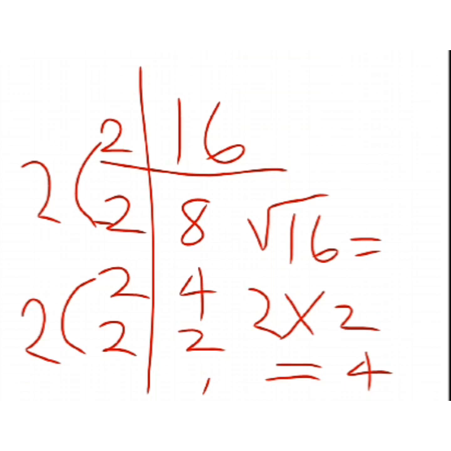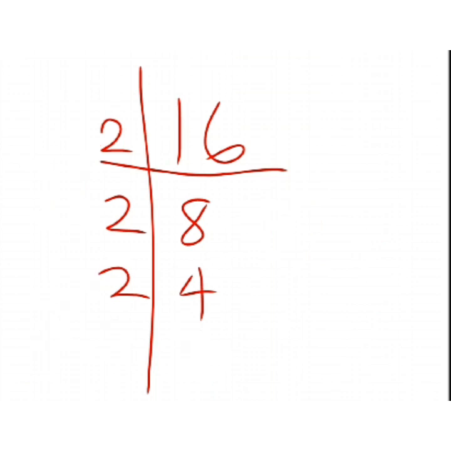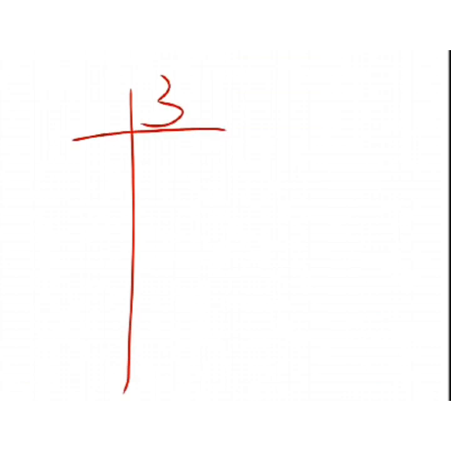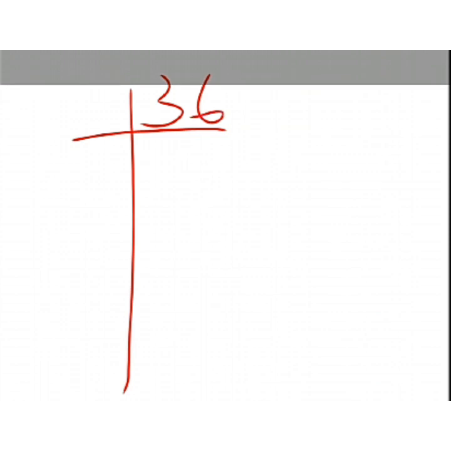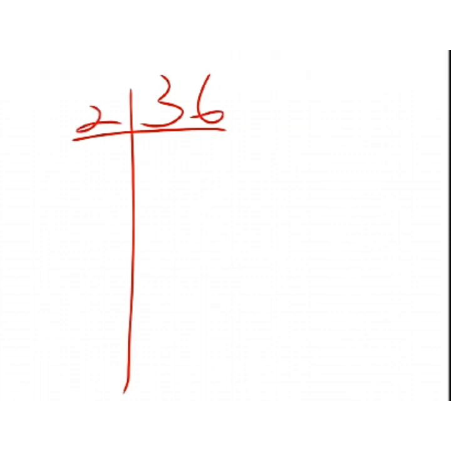I believe there is no question as it's very, very simple. Maybe we should take another example. Let's find the square root of 36. We write 36 and we still use the factor method. 2 goes into 36. Let's try to use one digit at a time.